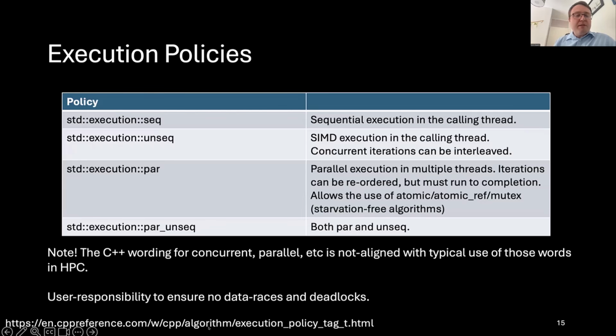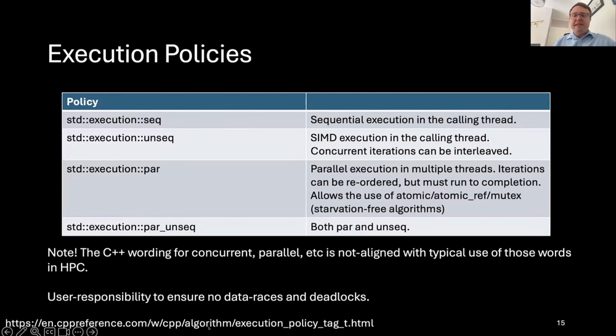par_unseq basically applies both parallel and unseq. It's the way of spelling this as a big parallel loop with no dependencies. This has a very weak execution model. It's called weakly parallel forward progress in C++ language. It basically means that once one of the threads has made some progress, made a step, another thread will maybe eventually make some progress at some point.